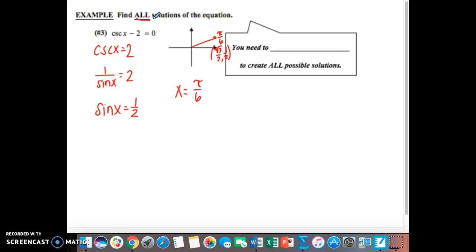So one of our x values will be pi over 6. Now we also have to think of a different quadrant where sine is positive. Think back to all students take calculus. Sine is also positive in the second quadrant. So the angle in the second quadrant with a reference angle of pi over 6 is 5 pi over 6. So right now we have x equals pi over 6 and x equals 5 pi over 6.